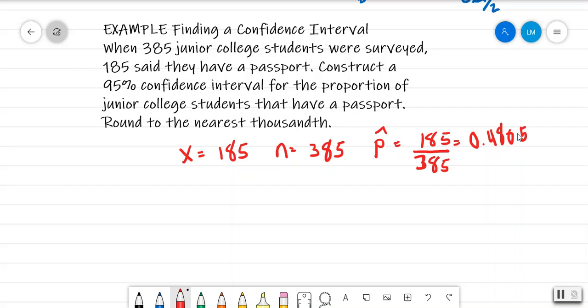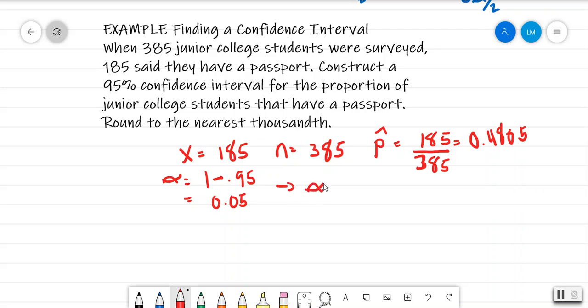Now, we also want to find a 95% confidence interval. So what that means is that, for example, alpha is equal to 1 minus 0.95, which means that this is going to be 0.05. But because we're talking about a confidence interval with 95%, we're going to have to divide this by 2.